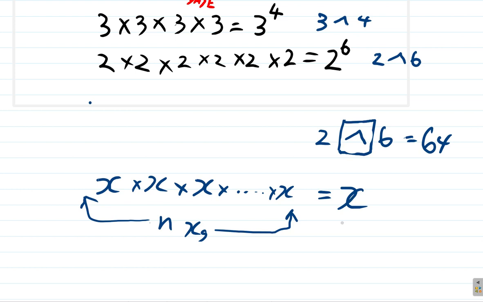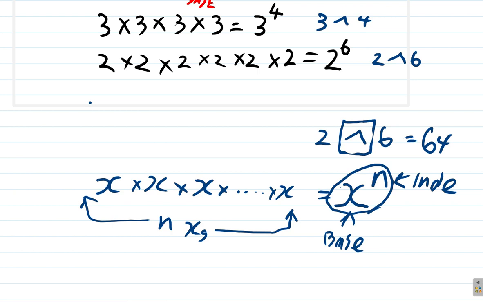So x is there. It is raised to the power of n, right? So I write it a bit neater. I say x to the power of n. x is the base, n is the index, and this is in index form or exponential form.